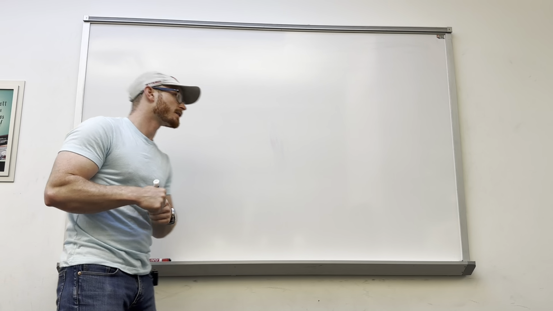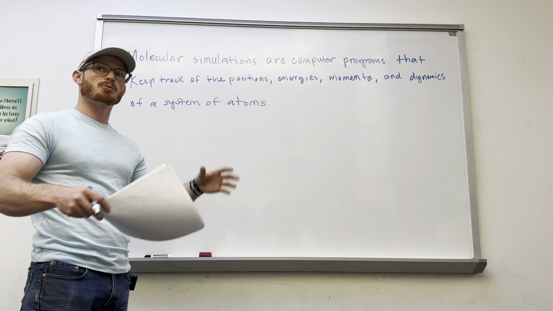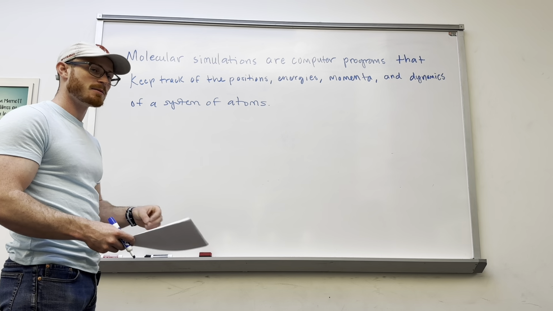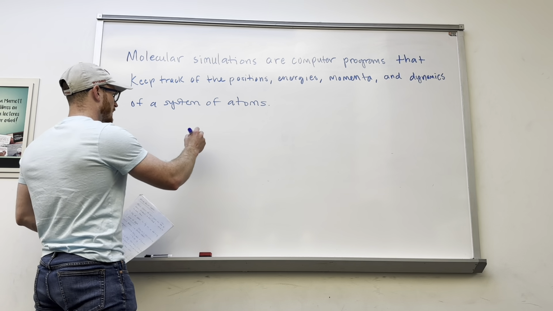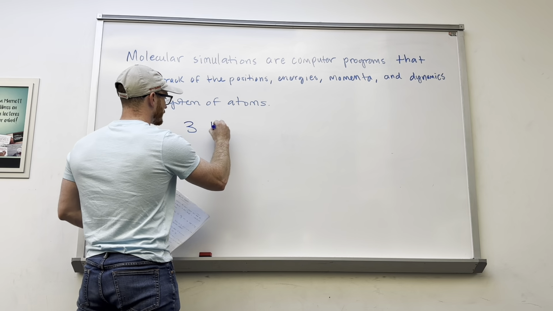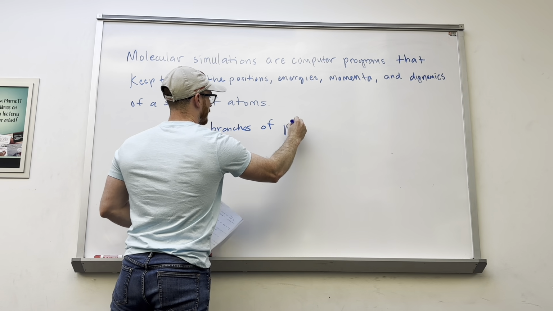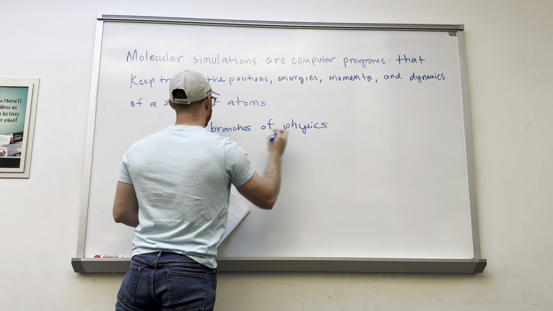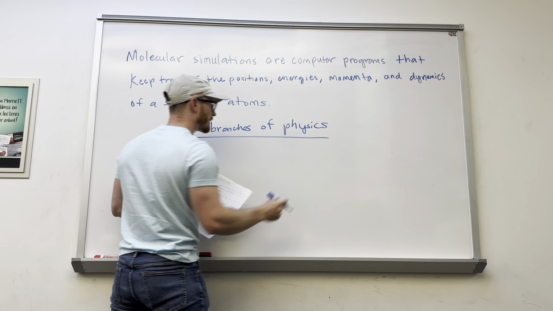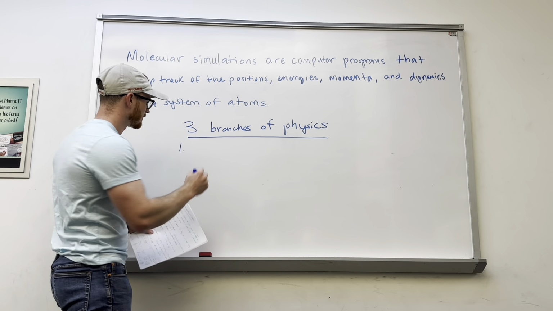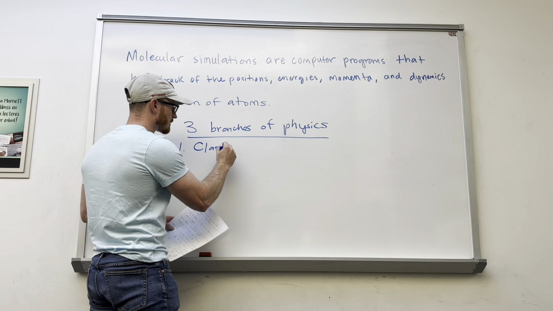So to understand and study these systems, we really need three primary branches of physics to come together, and actually I would say maybe a fourth as well. You can be pedantic about what a branch of physics is, but I'm breaking these up in this way. So the first one is classical mechanics.